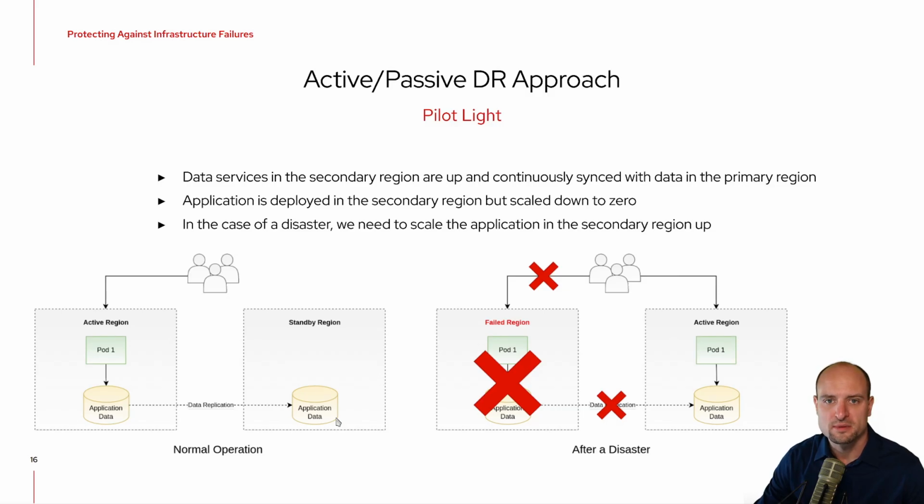In our case, this was a Kafka cluster, which was deployed into the primary as well as the secondary region. And there is a data replication, continuously copying data from the primary to the secondary. Because the data services are already running in the secondary region, the disaster recovery is faster. To recover, we just needed to stop the data replication from the primary region. And after that, we can deploy and scale up our application and reroute the traffic into the secondary region.